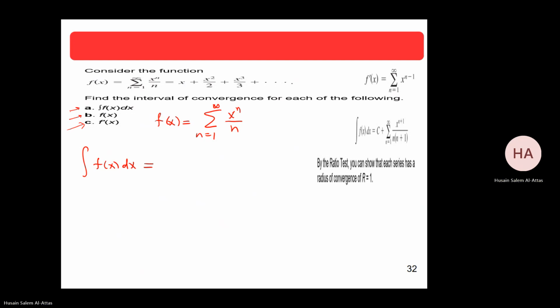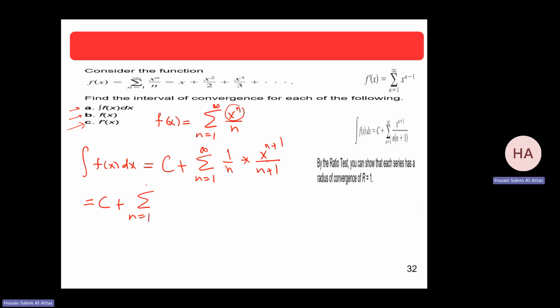That will be C plus the integral of this, which is summation n equals 1 to infinity, 1 over n times x to the power n plus 1 over n plus 1. The integral of this is C plus summation n equals 1 to infinity x to the power n plus 1 over n plus 1.